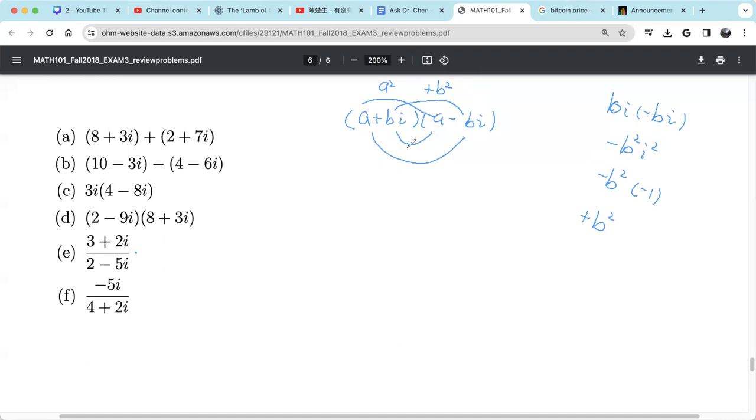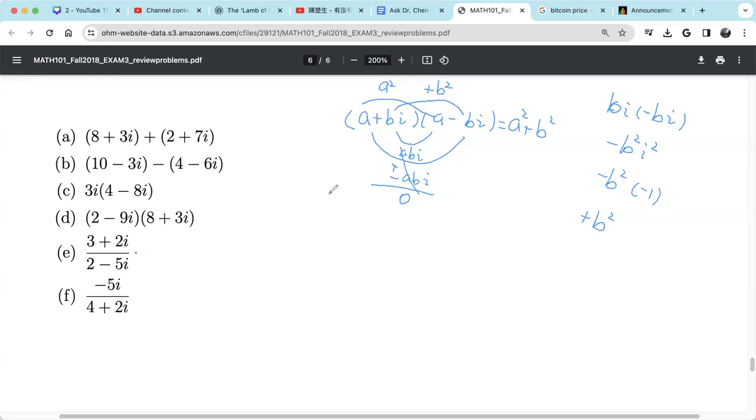Now bi times a gives us abi. a times negative bi is a negative abi. Add those two and they become 0, right? Additive inverse. So we're left with a squared plus b squared. That's one of the beauties of complex numbers.